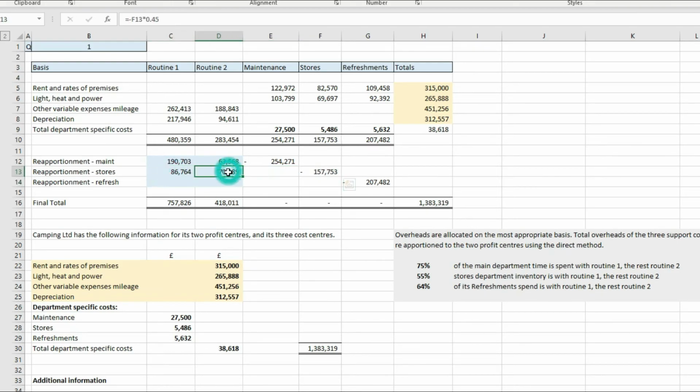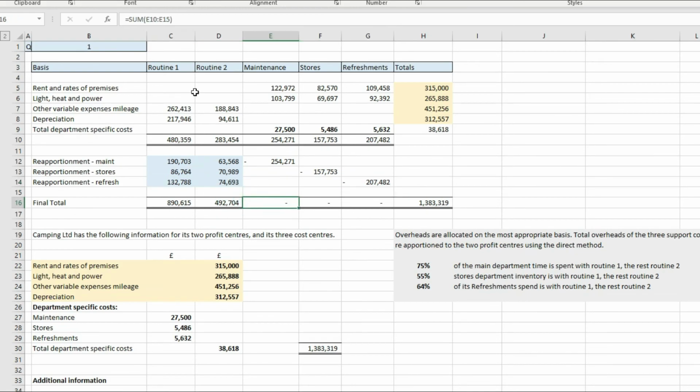So I've got 45% of the stores department cost in routine 2 and 55% in routine 1. And the refreshments, I've got 64% in routine 1. So this 207,482 times by 0.64. And then 207,482 times by 0.36, and that should equal 0 again.